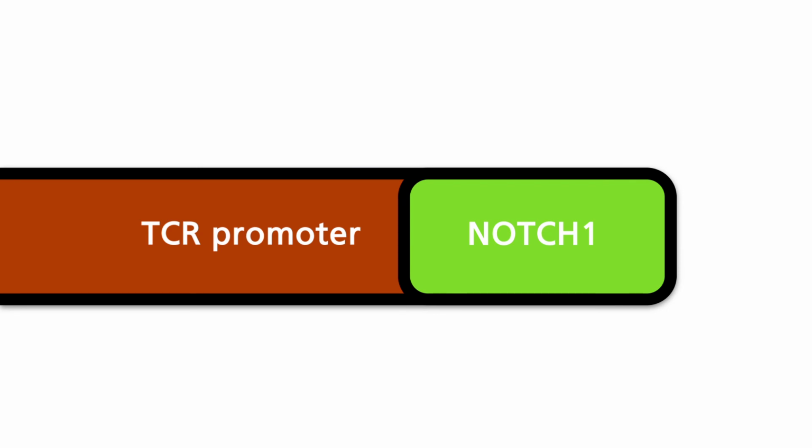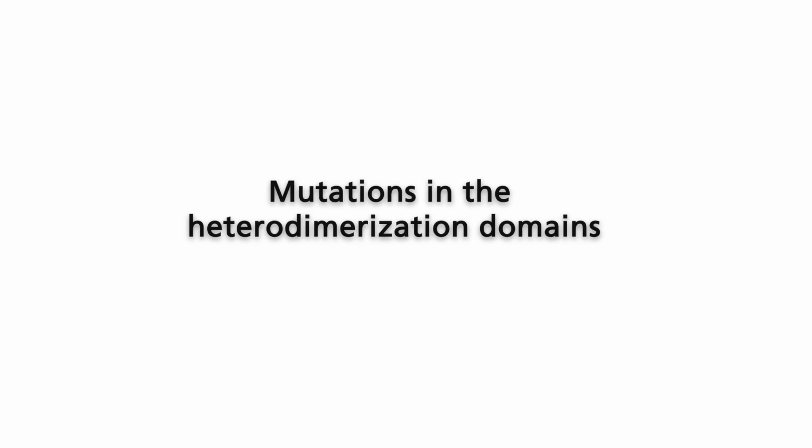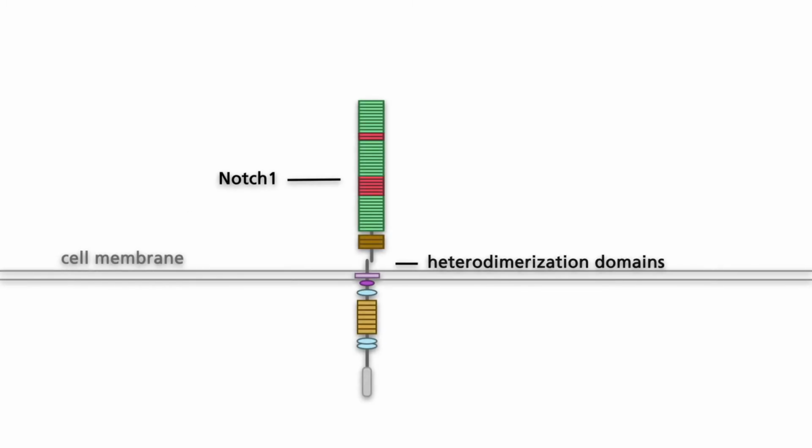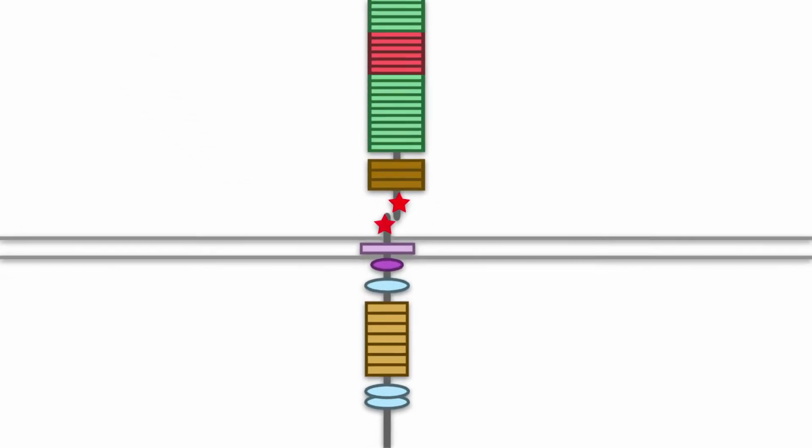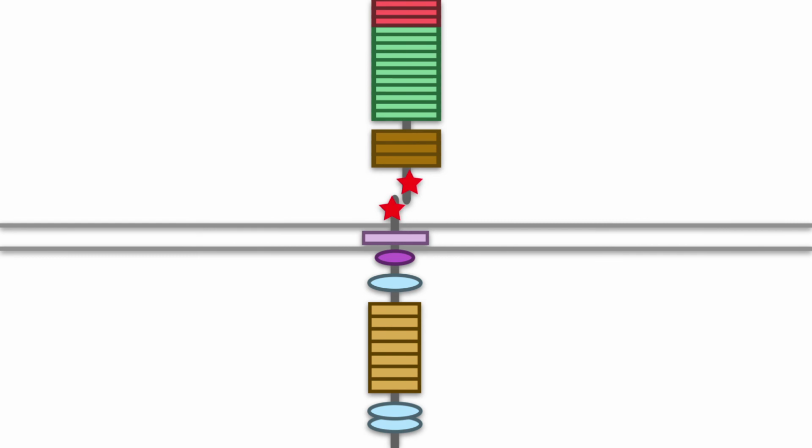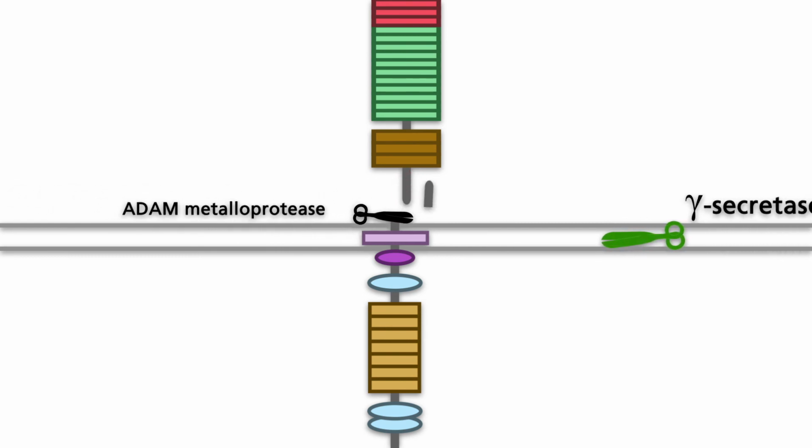The 7-9 translocation is rarely found in T-cell leukemia. More often, mutations are present in the heterodimerization domains or in the PEST domain of Notch1. Mutations in the heterodimerization domains facilitate cleavage at the S2 site, independent of ligand binding.